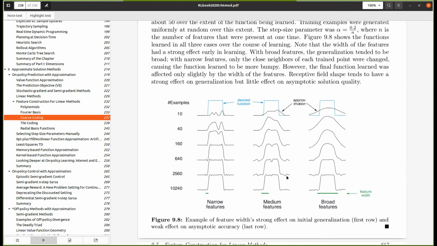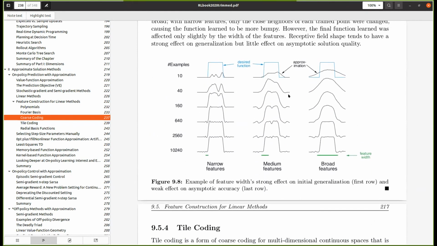And so here is an example of what kind of results different settings for coarse coding would produce. We have a target function here shown in blue, and it's just this rectangular function, and we are trying to approximate it using different feature widths.